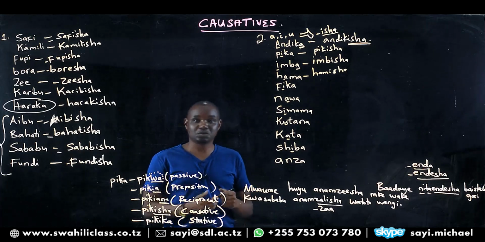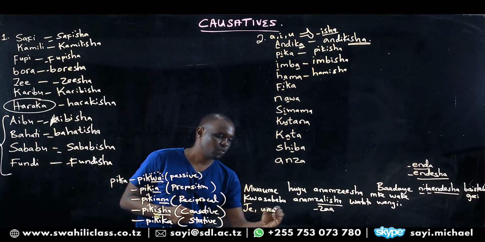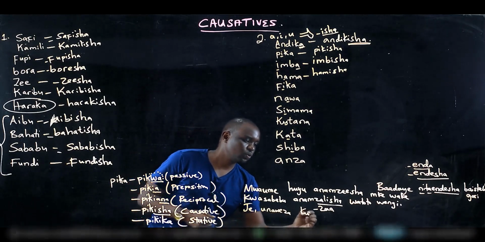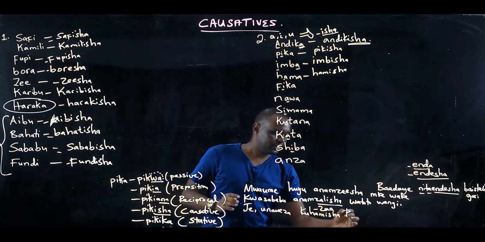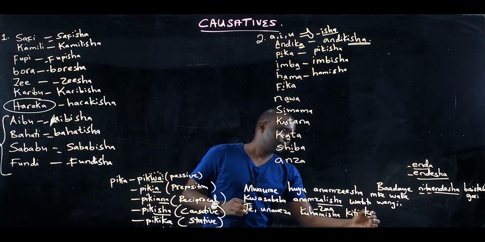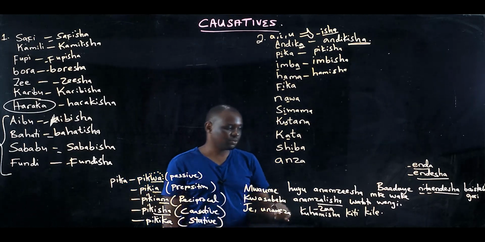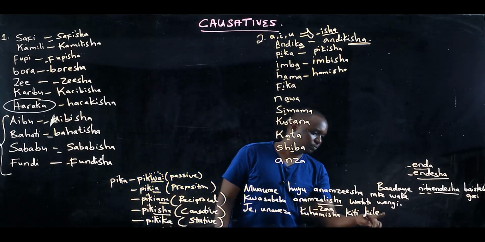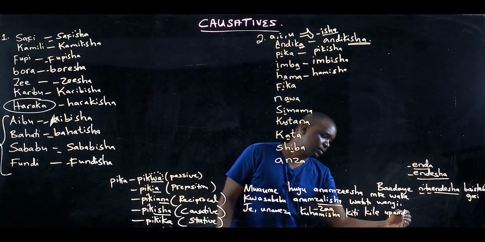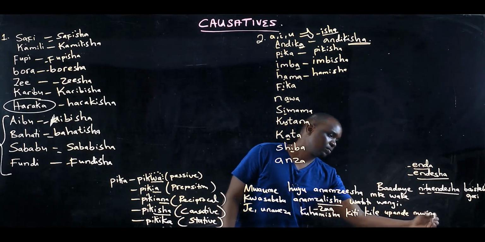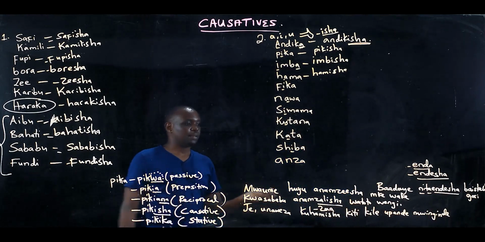To say that sentence in Swahili, you'll say, Je, unaweza kuhamisha kiti kile upande mwingine. Can you move that chair to the other side? You know, upande is the side, the other side, upande mwingine.